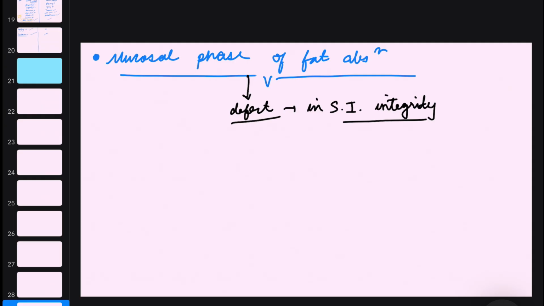Yes, of course they will be. So the catch point here is that whatever I talk about as far as the defect in the mucosal phase is concerned is global. That is, all the nutrients we are discussing right now, proteins, carbohydrates, and fat, will be affected. Because at the end of the day, if you don't have the house, how will you conduct business?